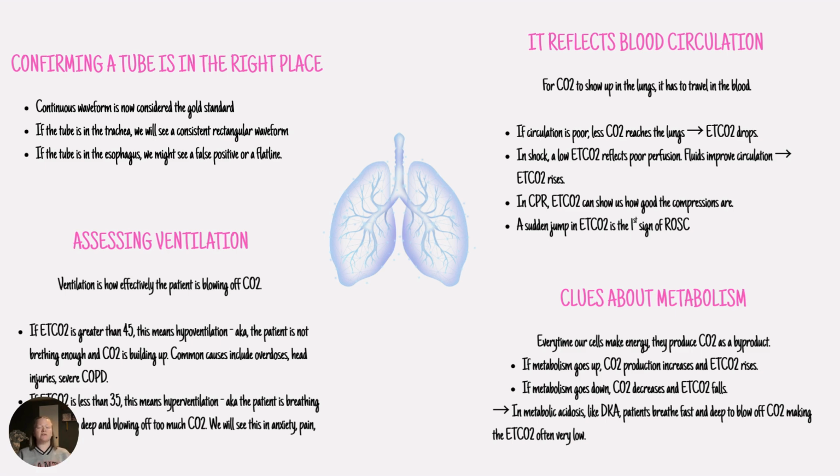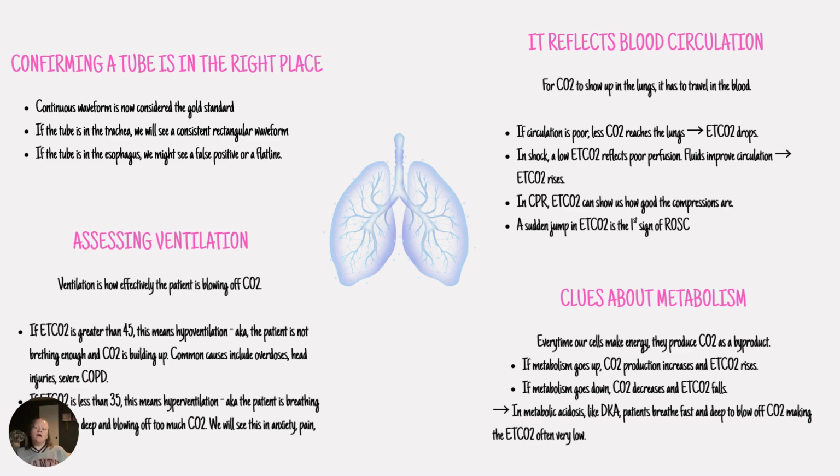If the tube, though, is in the esophagus, we might see 1 or 2 blips of CO2 just from swallowed air. Think of it as a false positive, and then it'll most likely flatline. This makes waveform capnography much more reliable than a color changing device because it proves not only the initial placement, but also ongoing placement throughout care.